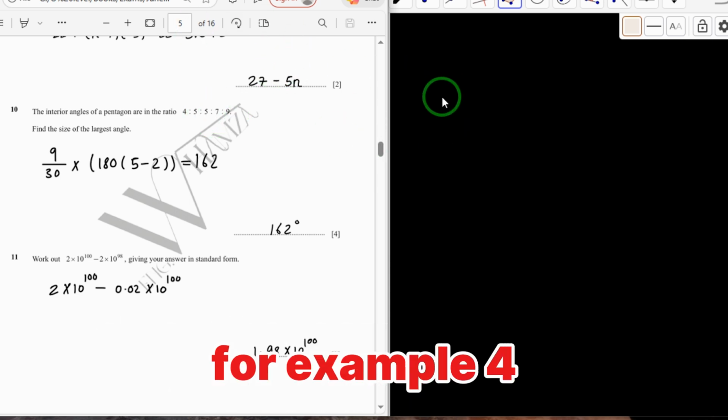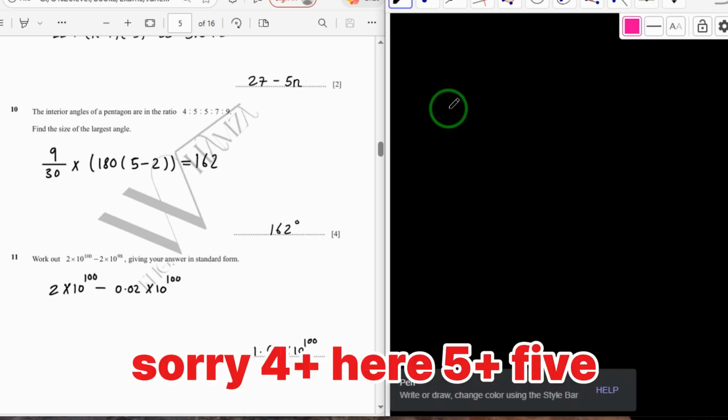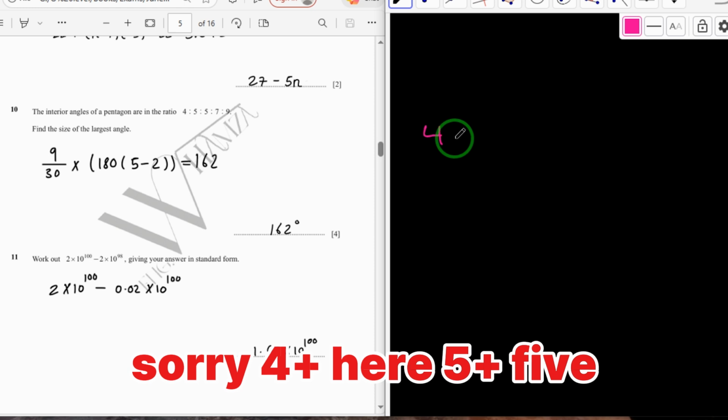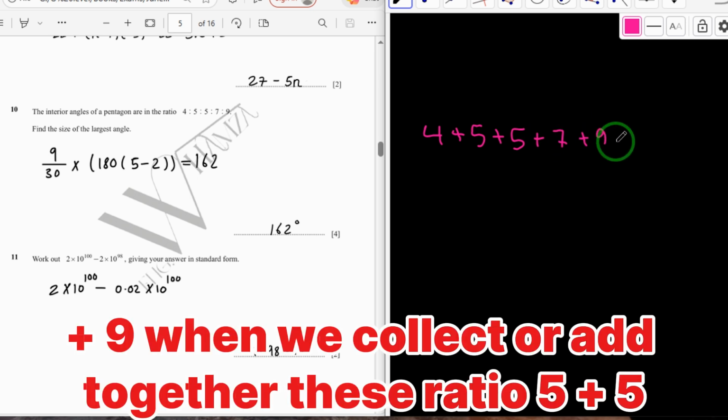For example, 4 plus 5 plus 5 plus 7 plus 9.